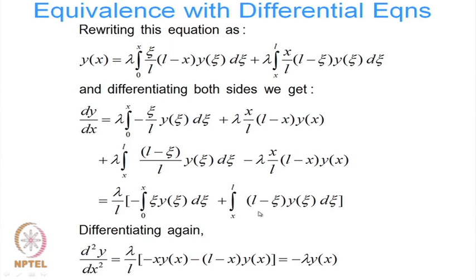Again this term is independent of x, so its derivative gives me 0, but the lower bound is still dependent on x, so I take the derivative of that times the function evaluated at xi is equal to x, which gives me L minus x, y of x, and that gives me minus lambda y of x.